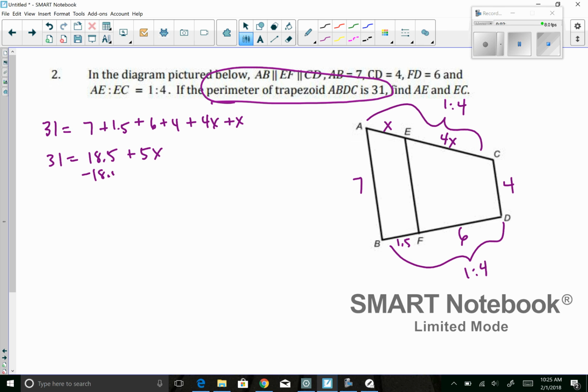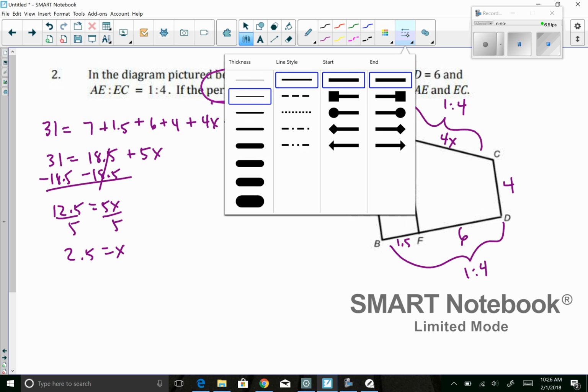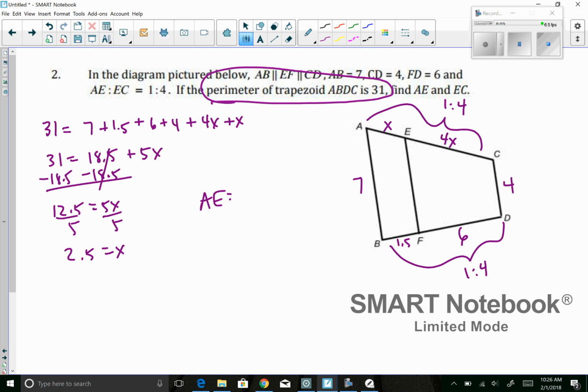Subtract the 18.5 to the other side: 31 minus 18.5 gives 12.5 equals 5x. Divide by 5, and I get 2.5 for x. If 2.5 is x, that right away tells me what AE is. Then to find EC, I multiply that number by 4, which makes 10.